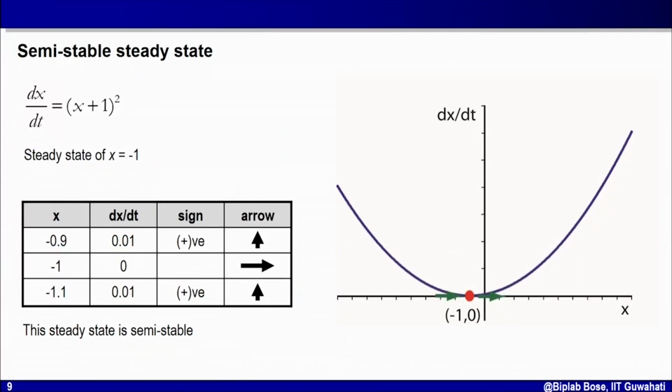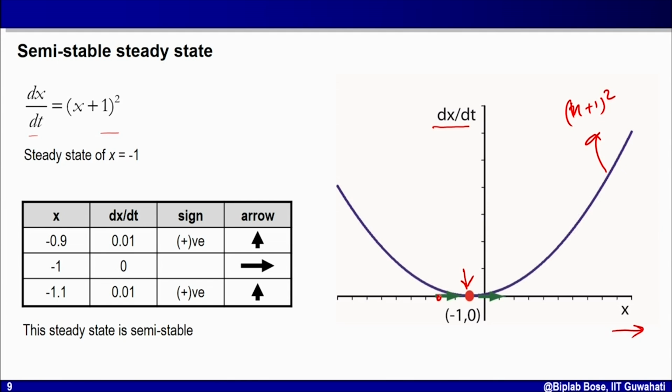Now let us look into the same system in a dx/dt versus x plot. So my equation is dx/dt is equal to (x + 1) whole square. I have plotted x on the horizontal axis, dx/dt on the vertical axis, and this curve represents (x + 1) whole square. So you can see this curve is intersecting the horizontal axis, the axis for x, only at one point, that is (-1, 0). That means this system has only one steady state.